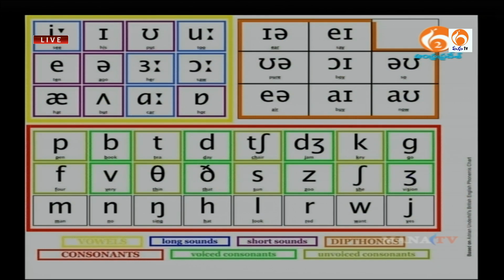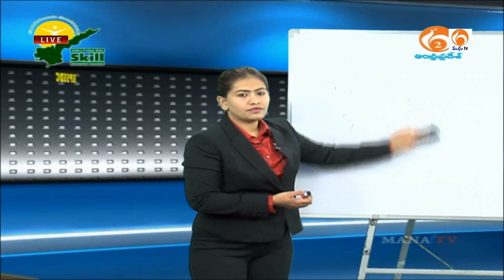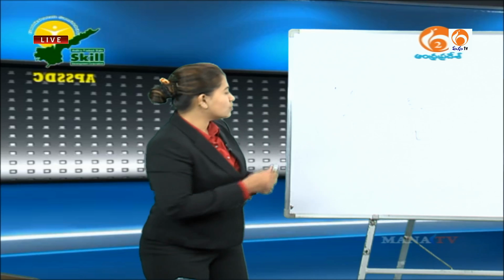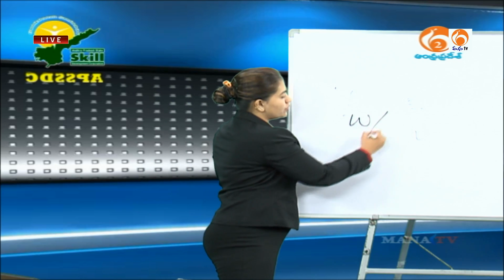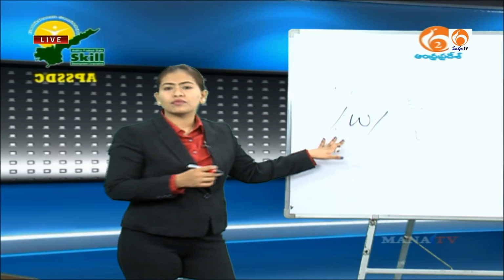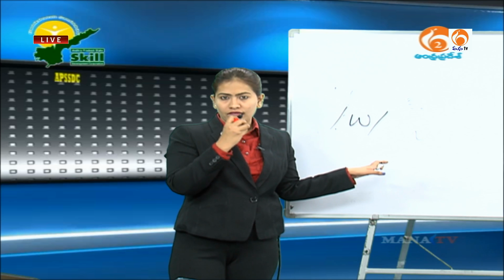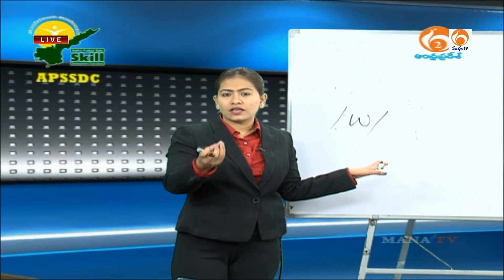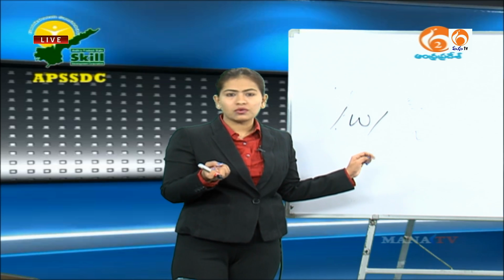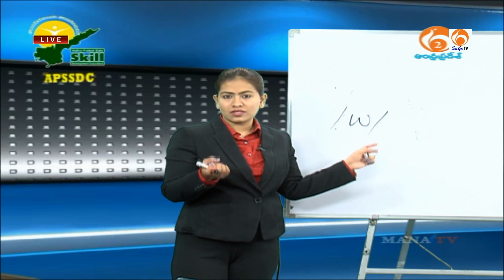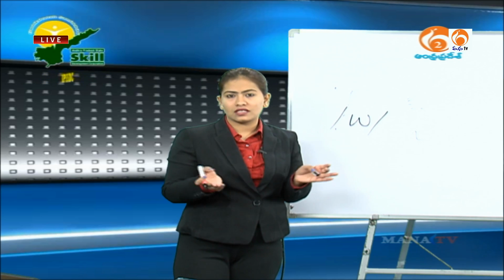Look at me for a moment to understand this enunciation. So the enunciation for the sound, let's all look at the board. The enunciation for this W as a sound, the letter is W but the sound is W. So the difference between the V sound that we have discussed about, biting the lower lip, and this particular sound is they're different in enunciation.